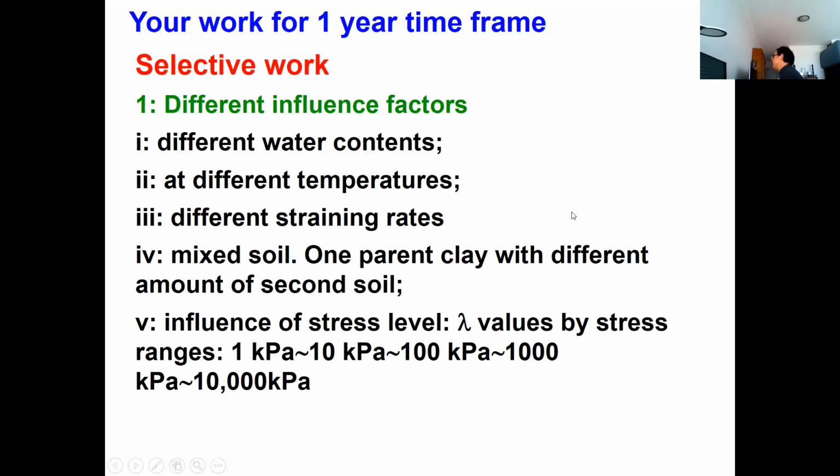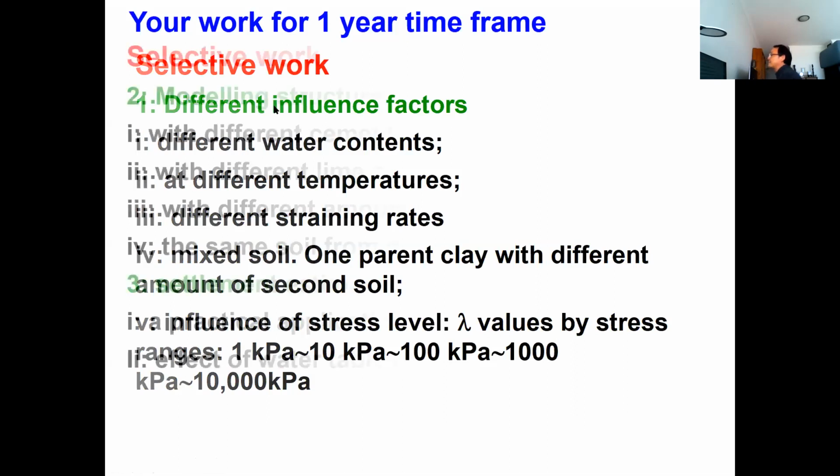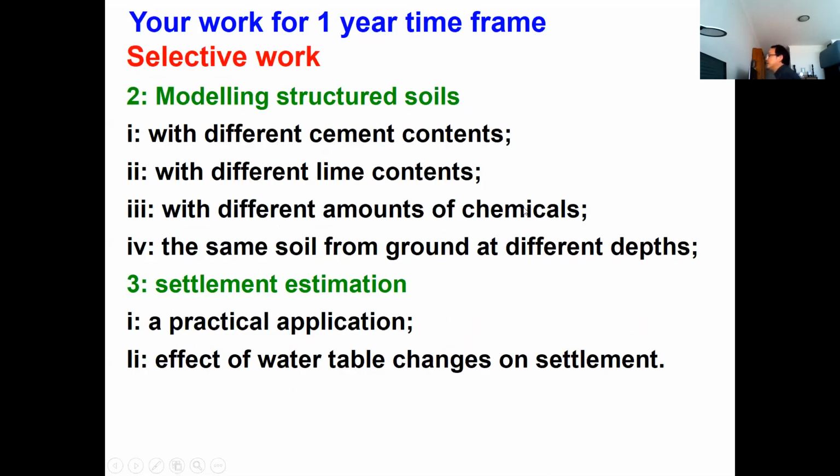You can use the scaffold model, you can use Butterfield's model, you can use any model. Or you can choose to model different soil structures, and you can use different models. All these are for choice. But don't worry about that. This is only for second semester work.